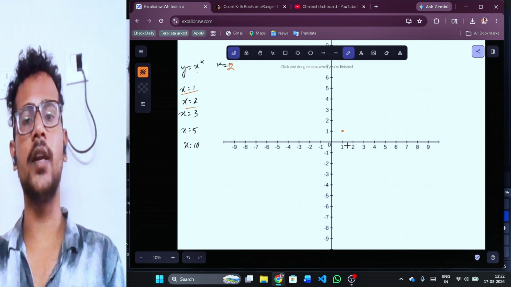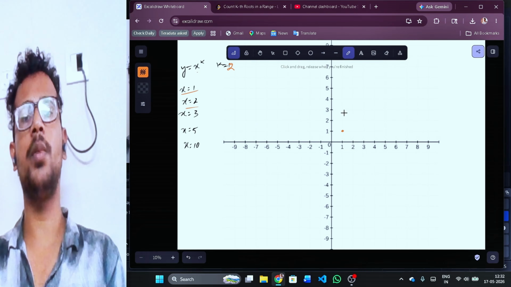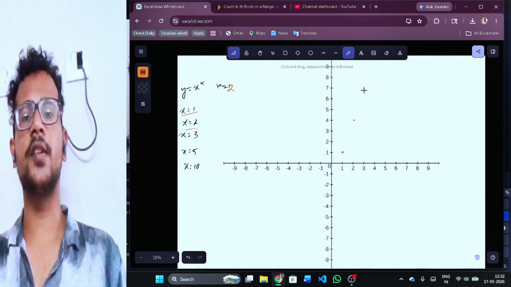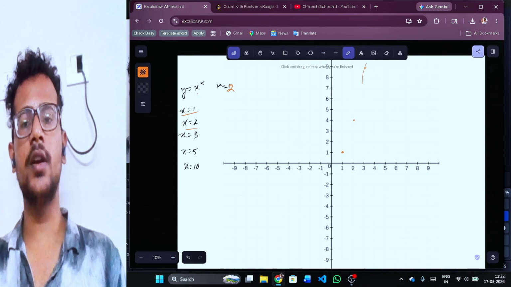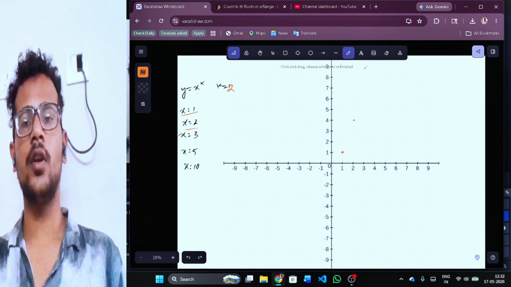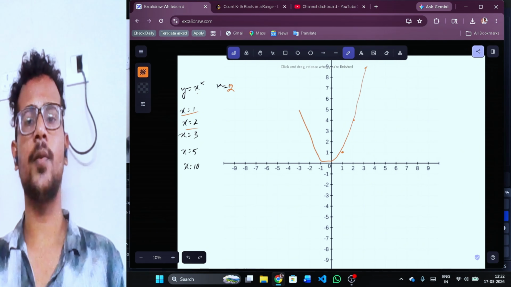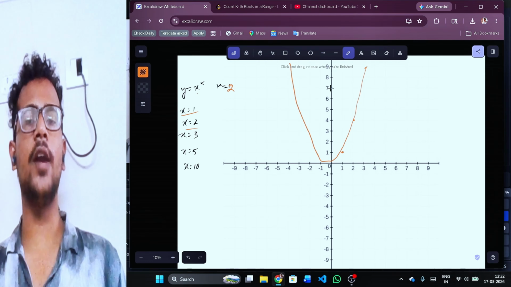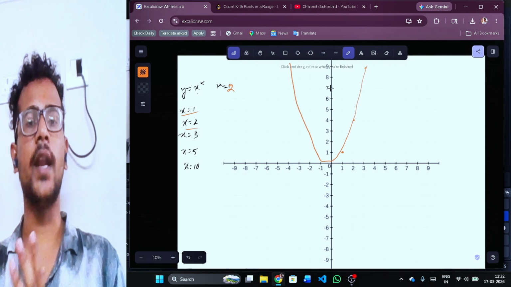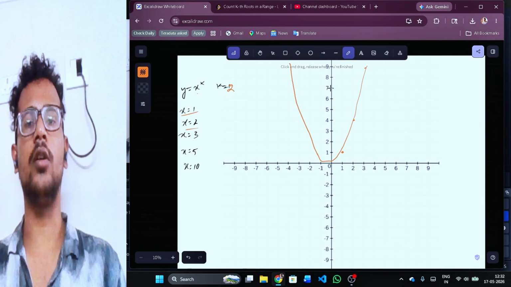Now what if K is equal to 2? Our graph will look like this: 1 power 2 is still 1, 2 power 2 is 4, and 3 square is 9. So our graph will be going like this. I just want to tell you this so that you can get an idea of how the graph looks.